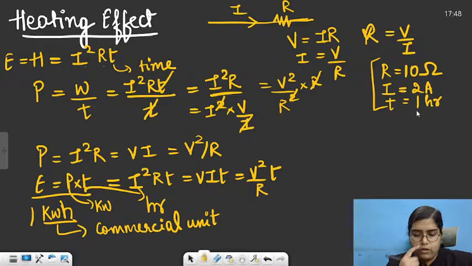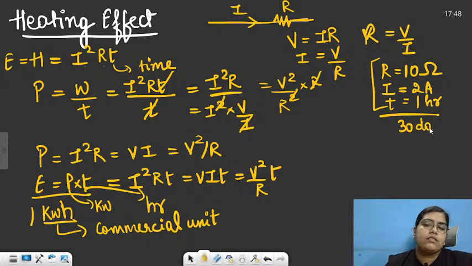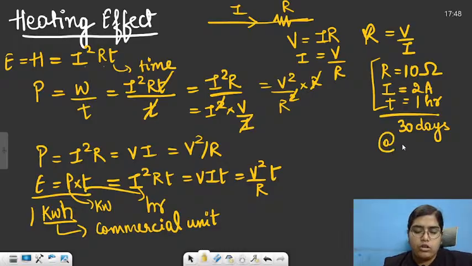You have to calculate the total bill in 30 days if the cost of electricity is 10 rupees per unit.